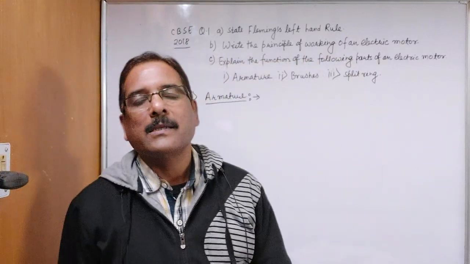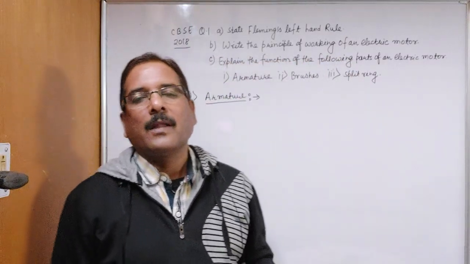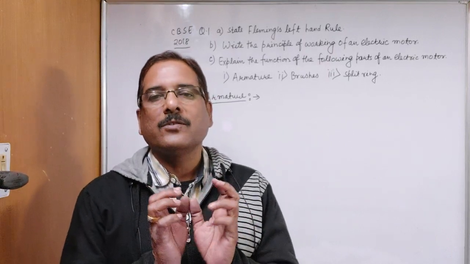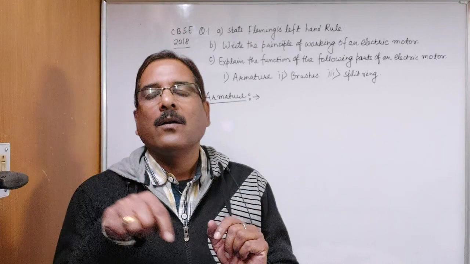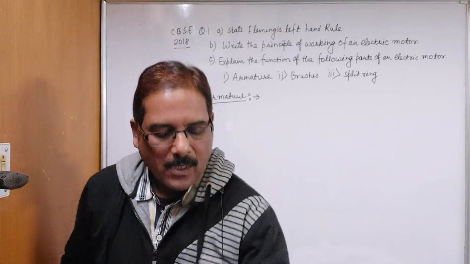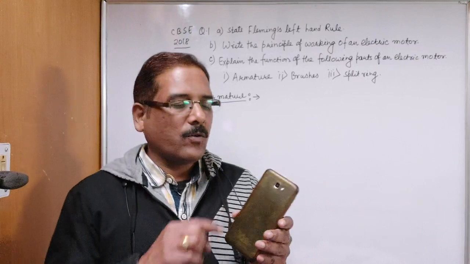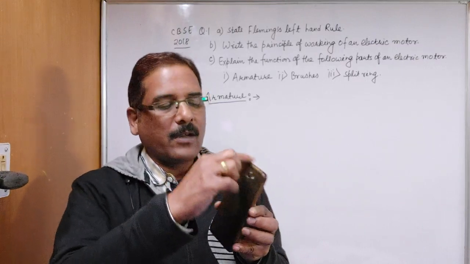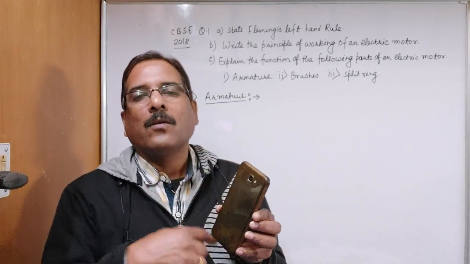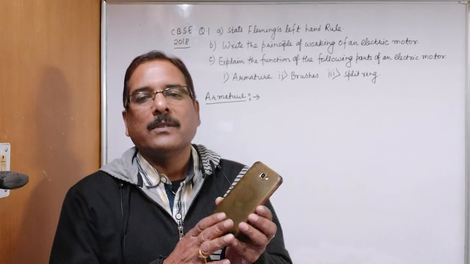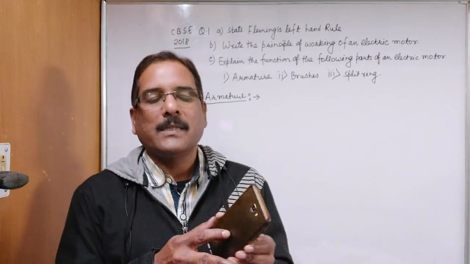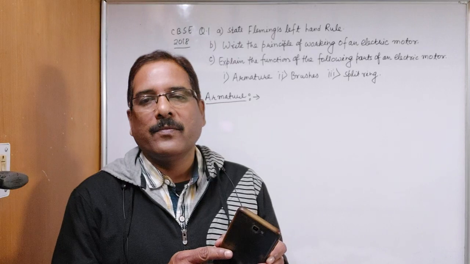So armature means a combination of soft iron core and the copper wire wrapped over it. Suppose this is the soft iron core, rectangular obviously, and we have wrapped the copper wire over it. So this whole acts as an armature, and this armature is placed in a magnetic field.